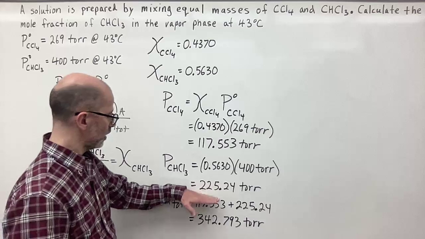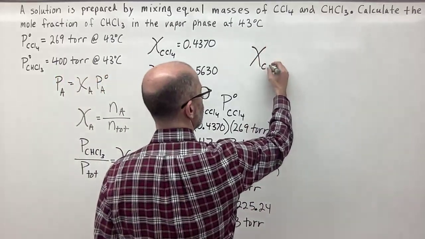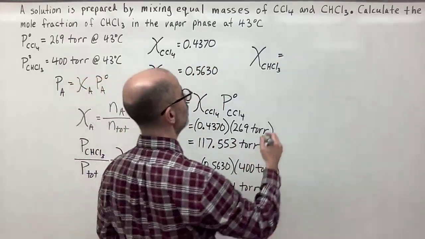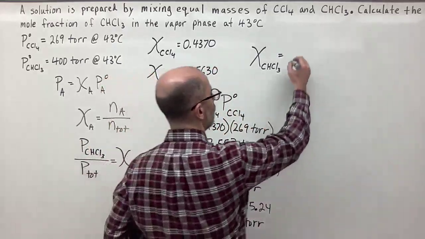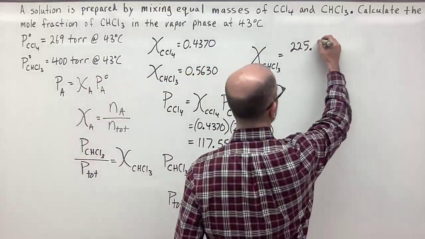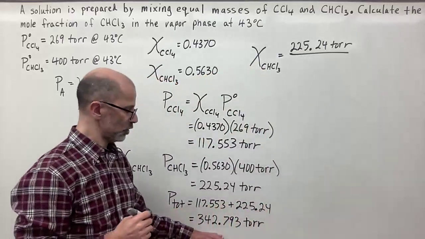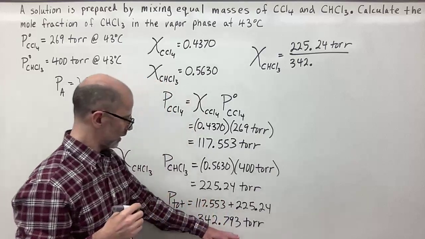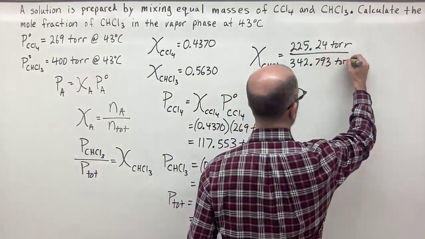So here we have the partial pressure. The mole fraction of CHCl3 is going to be equal to the partial pressure of CHCl3, which is 225.24 torr, divided by the total pressure, which is 342.793 torr.